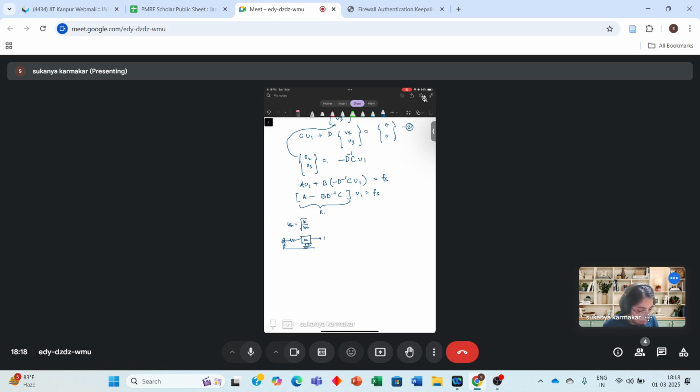So, you apply a force P of t, and suppose x is the displacement variable. The differential equation is m x double dot plus k x is equal to P of t.